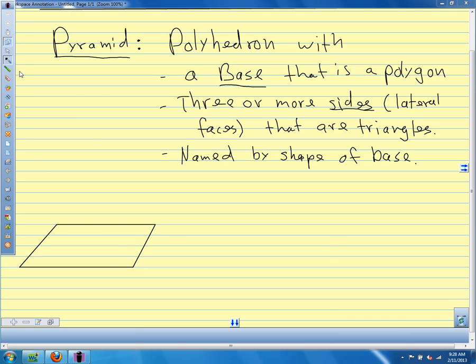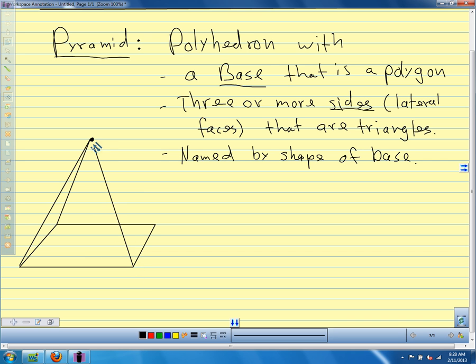And then I'm just going to draw a dot up here, and then just connect the corners to the dot. And we'll have a nice pyramid. So there's my pyramid. So this would be a rectangular pyramid, I guess, or a square pyramid if the base were a square.